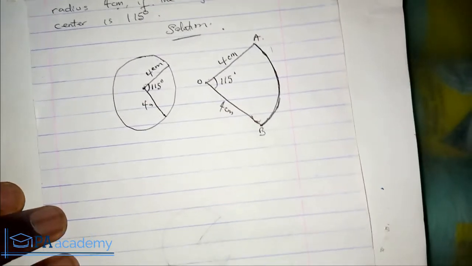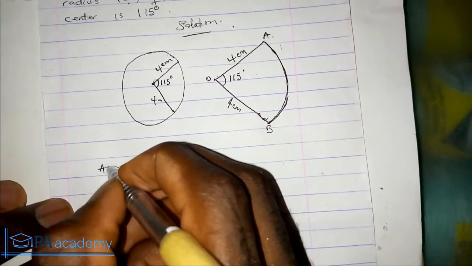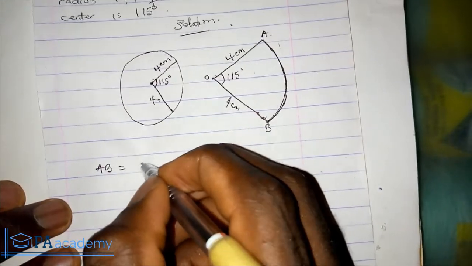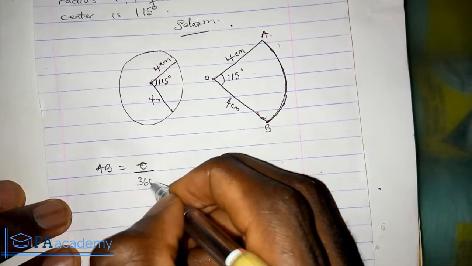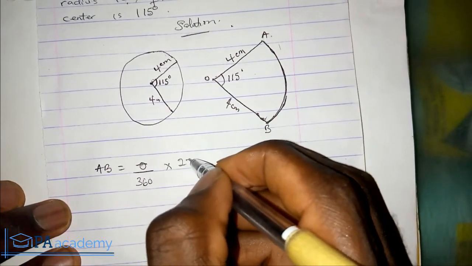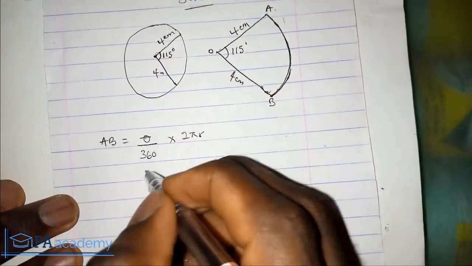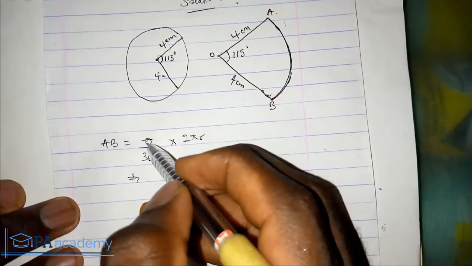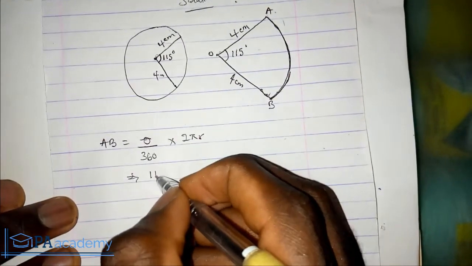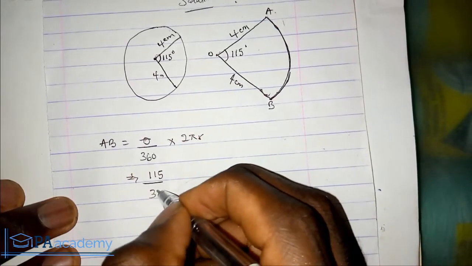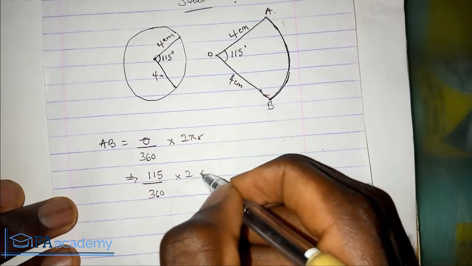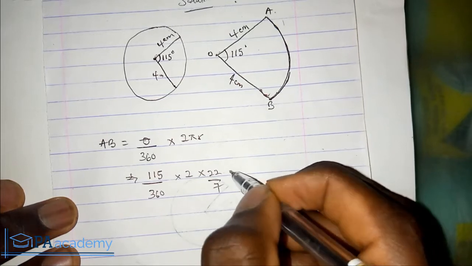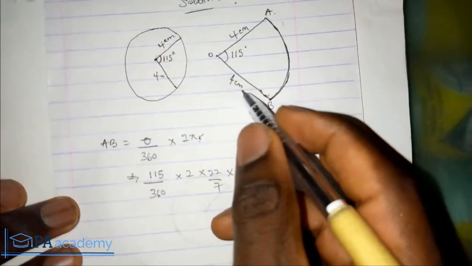So AB is equal to theta over 360 times 2 pi r. Our theta is 115, so that's 115 over 360 times 2 times 22 over 7 times our radius.